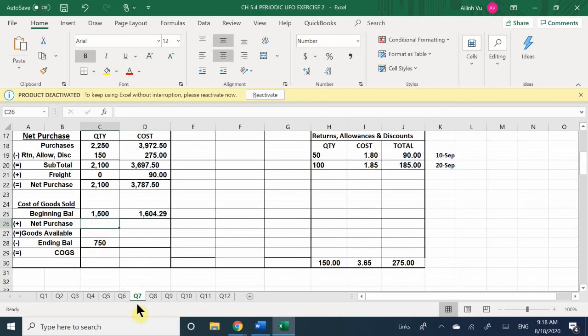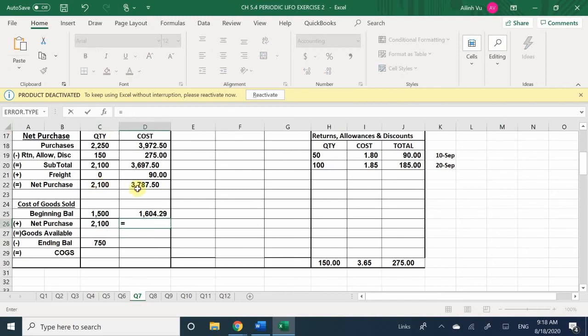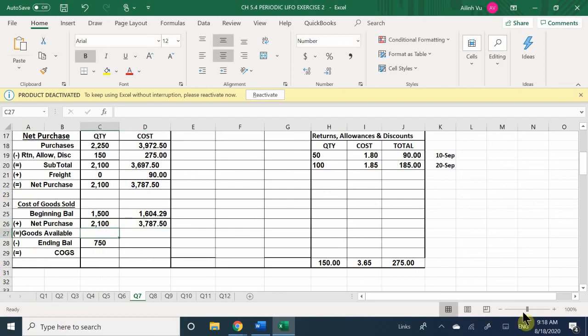Now, what was my net purchases? So I have to copy this information from above. And what is my grand total of goods available now that I have beginning inventory? 3,600 is my total here.